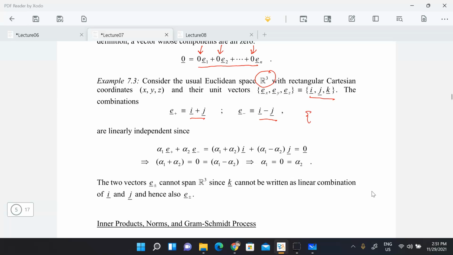So instead of ijk, I will have E plus, E minus, and k. You can check for yourself that these are linearly independent, so in other words, it forms a basis. And you can also check that it has the spanning property.